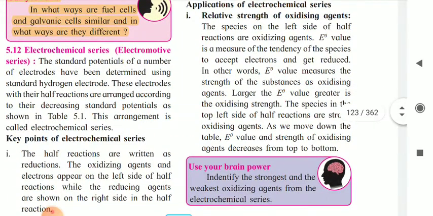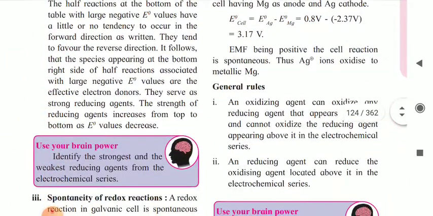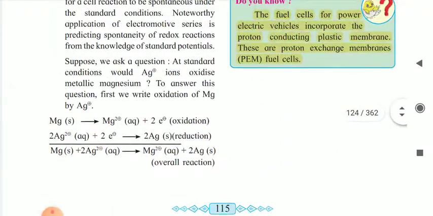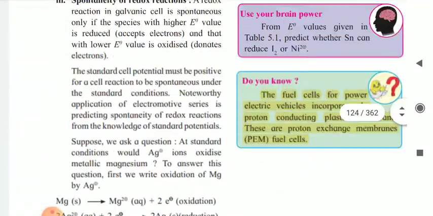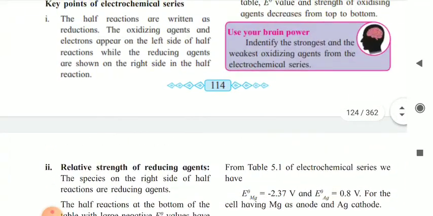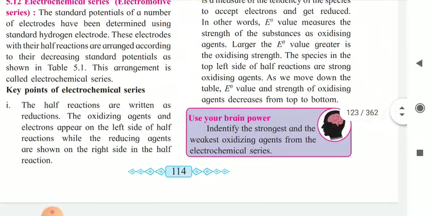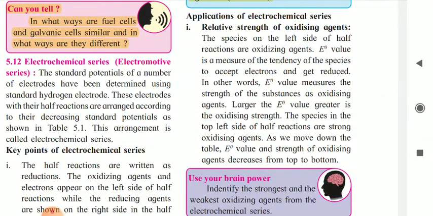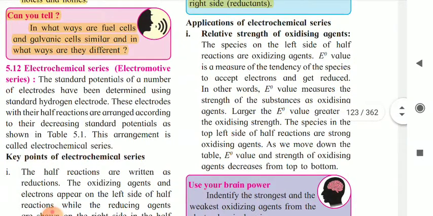In this point we will see the relative strength of oxidizing agents, and we will see that with the help of this chart, which is provided on page number 116 of your textbook. Before going to it, you should understand the terms which are present in it. The species on the left side of half reactions are oxidizing agents.